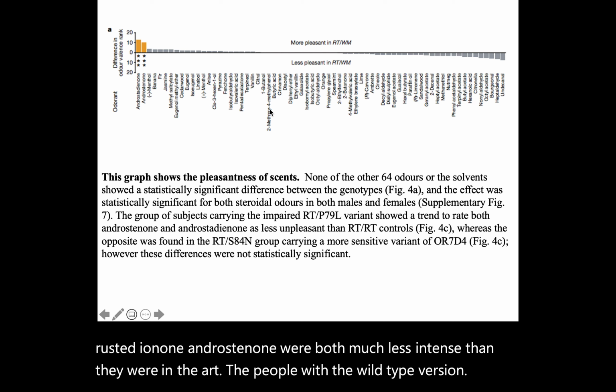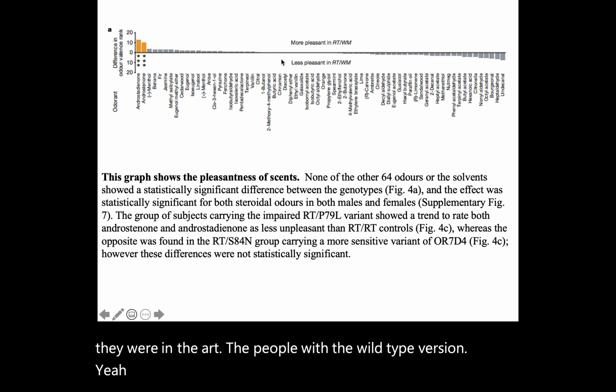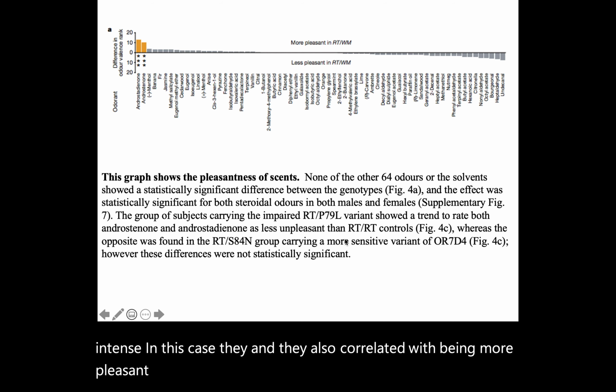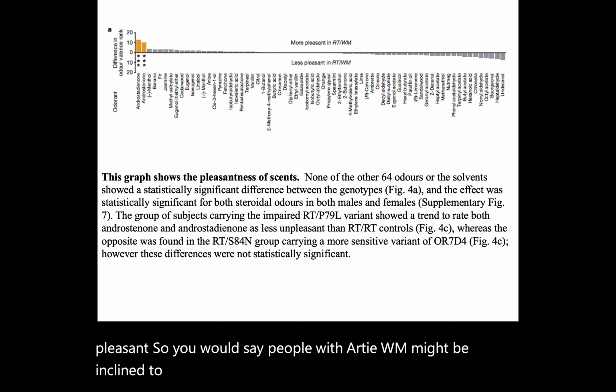And because they were less intense in this case, they were also correlated with being more pleasant. So you would say, oh, people with RT-WM might be inclined to perceive androstenone as somewhat more pleasant than people with RT genetics.